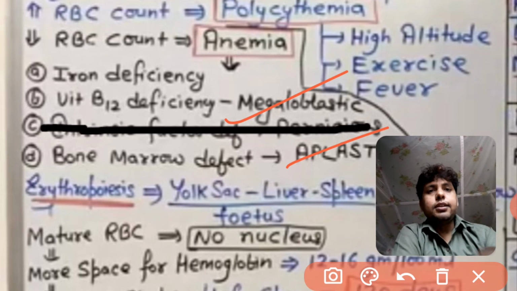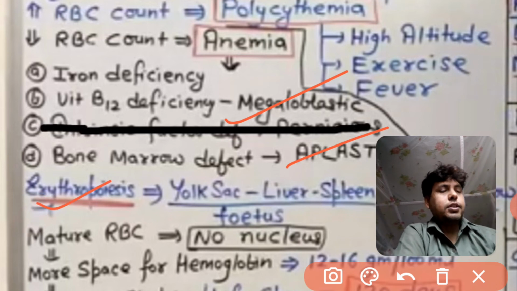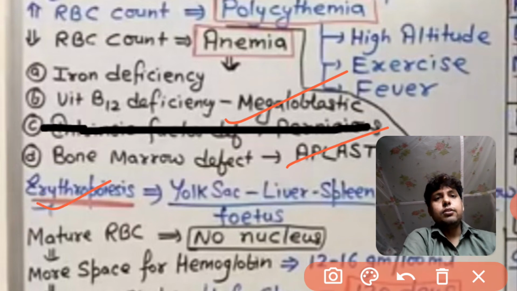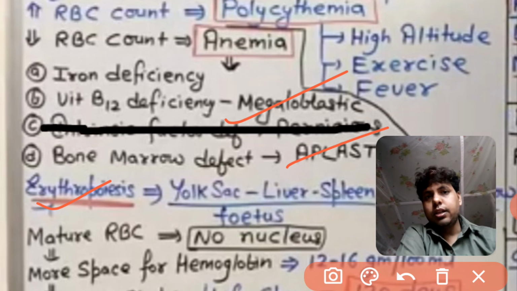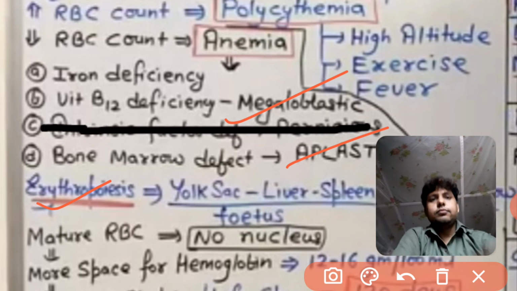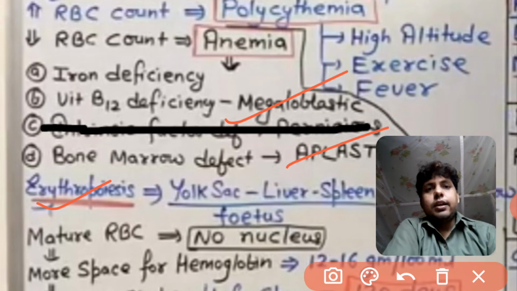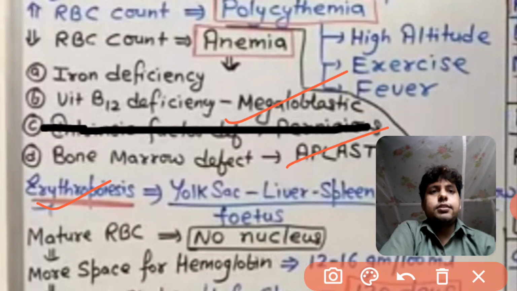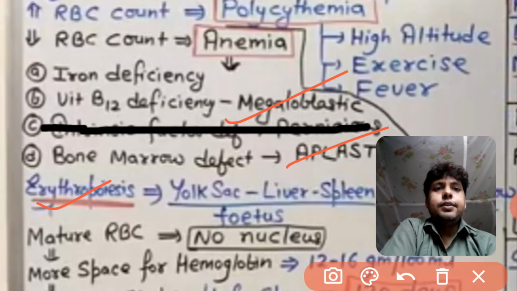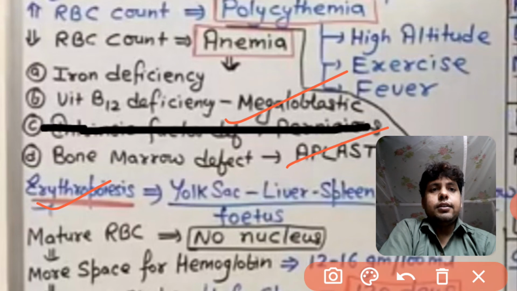Now we're discussing erythropoiesis. What is erythropoiesis? Erythropoiesis is the process by which erythrocytes are produced from the bone marrow, and this process takes place in the bone marrow of adults and children.